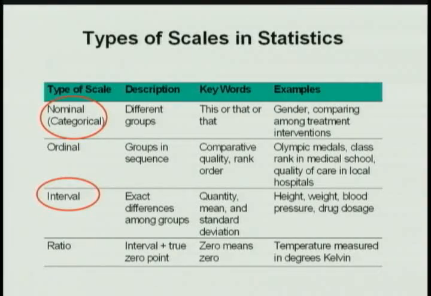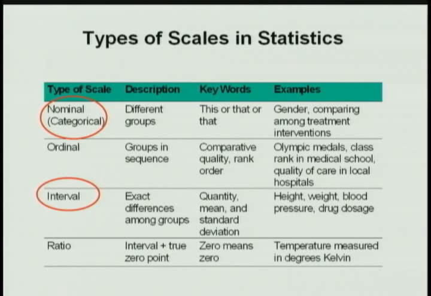Interval data tells you not simply what category you're in, but instead how much of some quality you have. Interval data is data for which you can get a mean and a standard deviation. Interval data lets you get numbers, deal with the numbers, blend them together, and do the kind of mathematical manipulations we usually think about. When you think about measurement, just that word, you're probably thinking about interval level data.